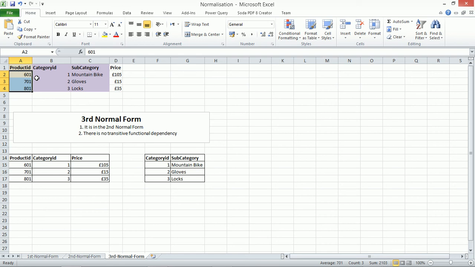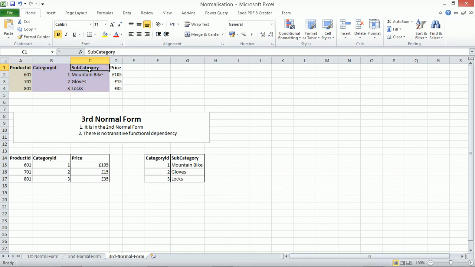So it satisfies the second normal form, and you may decide that you don't want to go any further, and that's absolutely fine. If you don't want to go down to the third normal form, then you don't really have to. But if you do want to go down to the third normal form, then you need to find out the transitive functional dependencies and remove those.